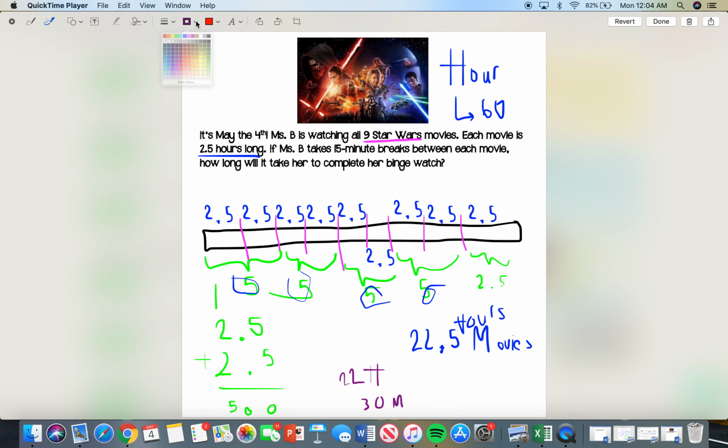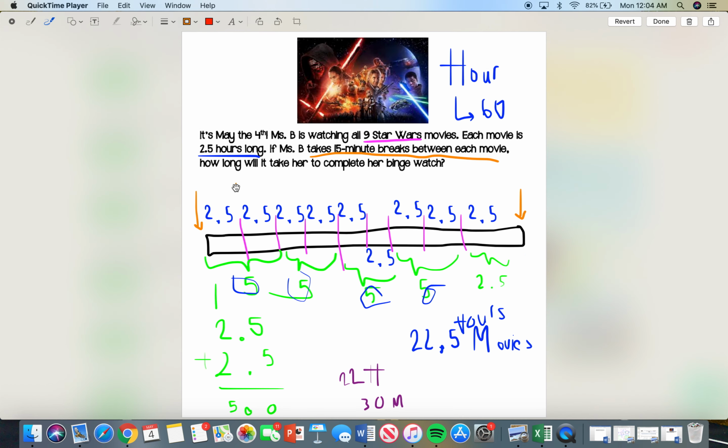But wait, there's more. The problem then goes on to say, I do need breaks after all, that I take 15-minute breaks between each movie. Notice it does not say that I take a break at the end or at the beginning. I only take a break wherever there's one of these pink lines. Let's delete this arrow to show I'm not taking a break here. I'm only going to take a break between each movie, right?